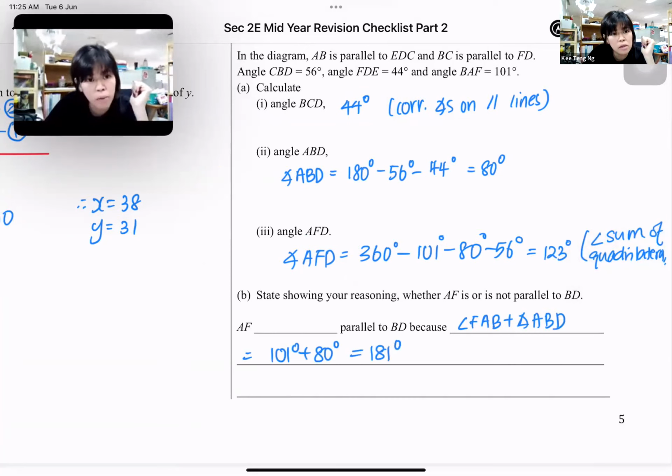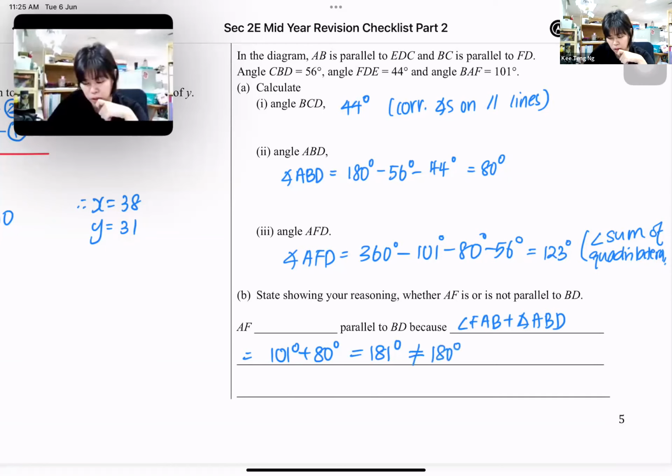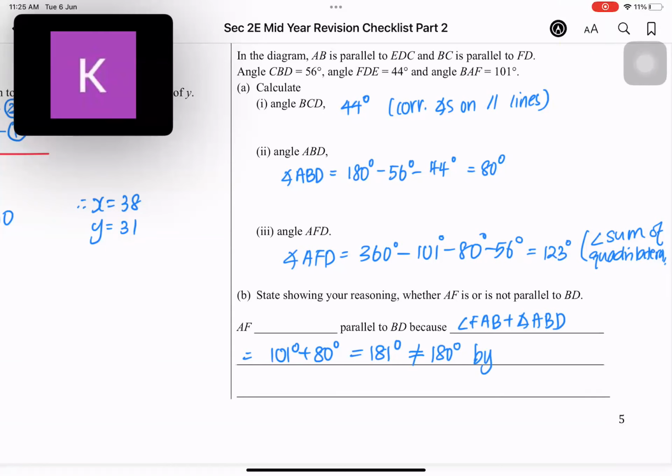How do I write not equal to 180? You put equals and then one slash. Yes, not equals to 180, by interior angles on a parallel line.